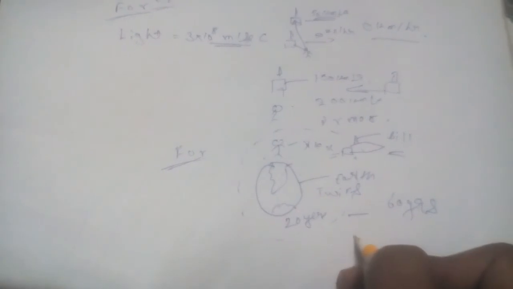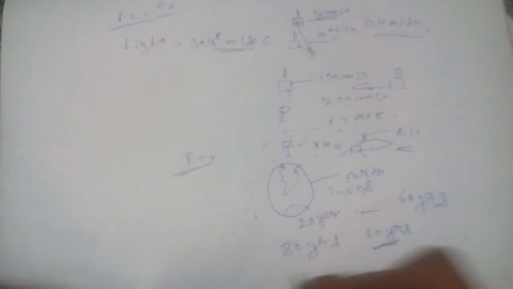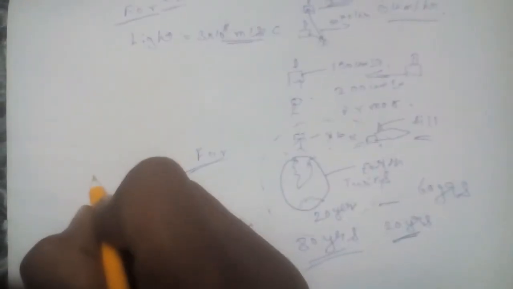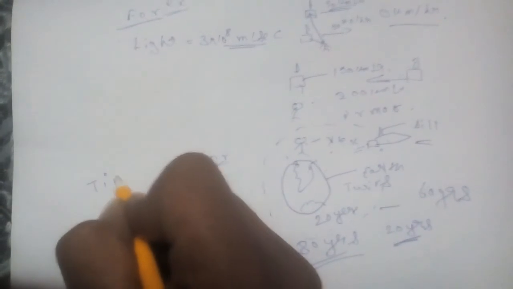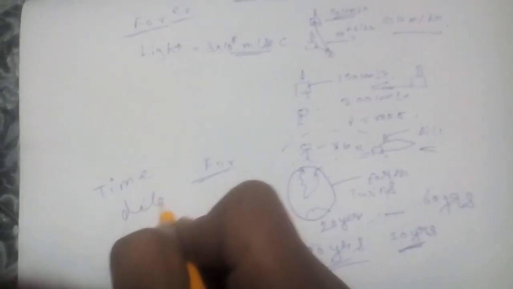So 60 years later, the age of Bill will remain 20 years, but the age of his brother Alex will be 80 years. This is called the twin paradox, and this is an example of time dilation.